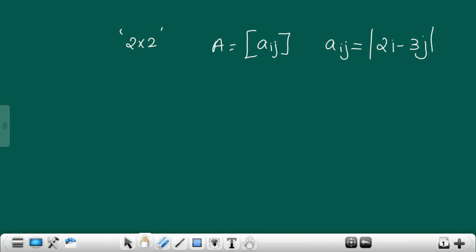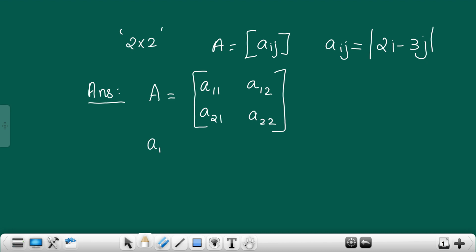First, we want to write matrix A in general form. Here, given that matrix A is a 2 by 2 matrix, generally we can write A11, A12, A21, and A22.